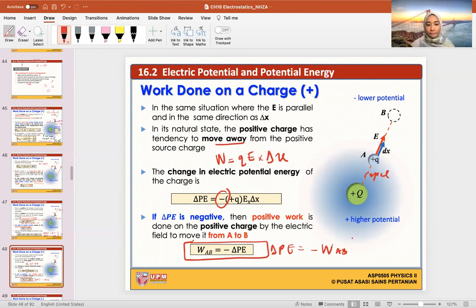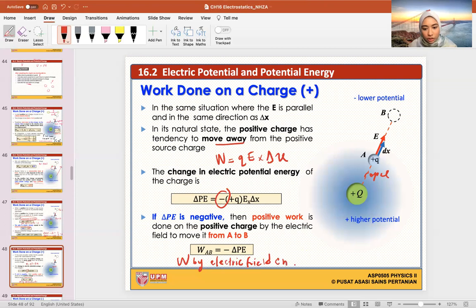Okay, so another thing that we need to take note of is work done. Work done is done by the electric field.